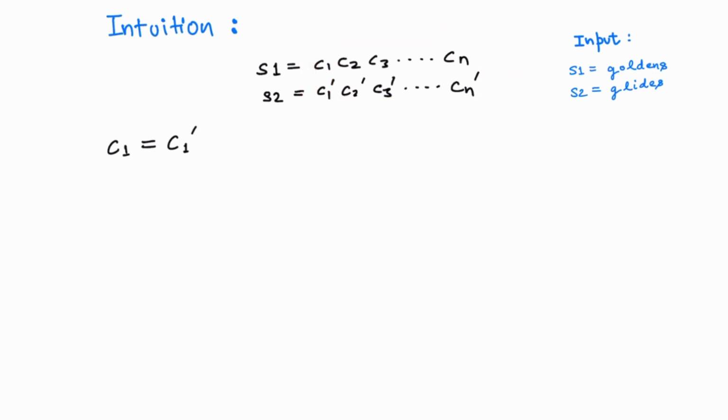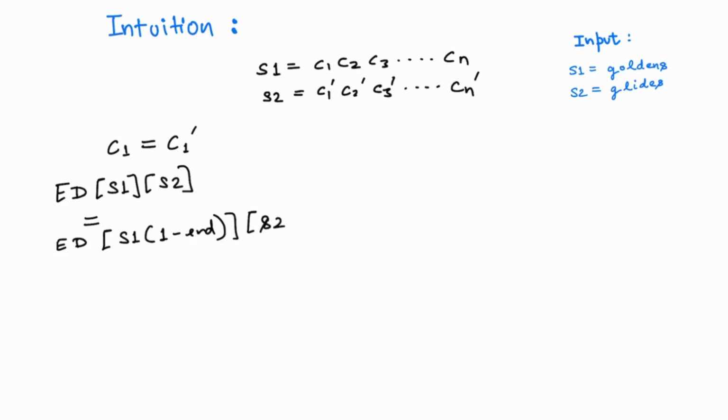Mathematically, if I describe edit distance, let me call it ED, of the string 1 and string 2, something that we have to find in this question, would be equal to the edit distance of the string 1 going from index 1 till the end, and of the string 2 going from index 1 till the end.